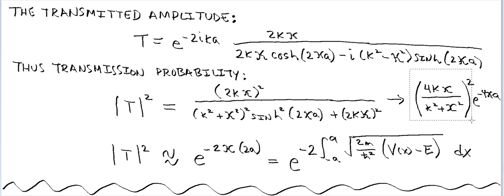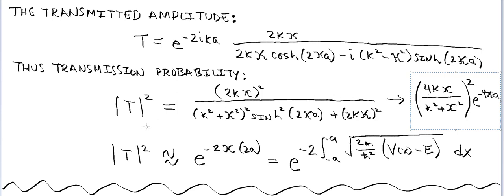We can just ignore this coefficient out front and say that t squared is approximately e to the -4 kappa a. This is a really rough approximation, right? This was already an approximation, and now I'm even dropping this coefficient out front, but usually the exponential is going to beat some multiplied constant, although it is going to scale it, right?